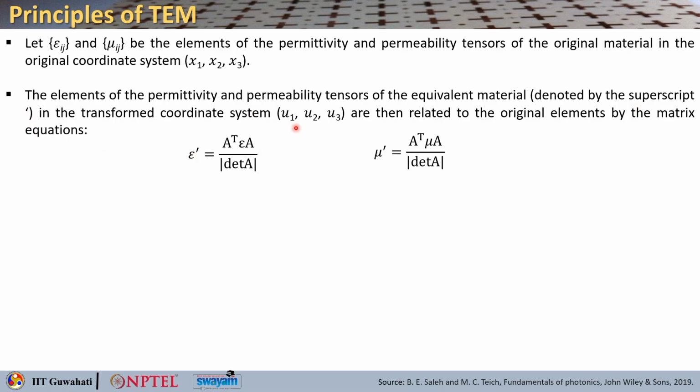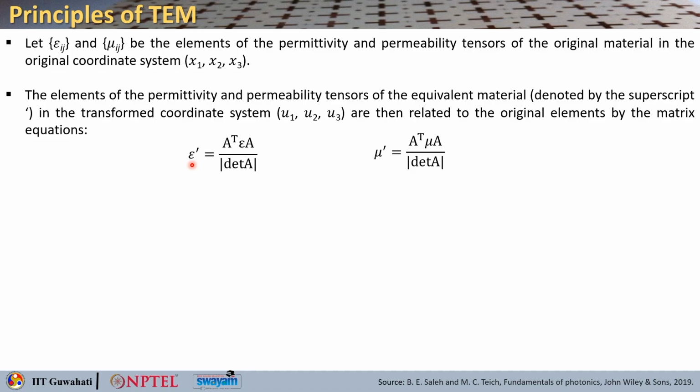So, you can consider the coordinate system to have the 3 axes u1, u2 and u3. The unit vectors will obviously be u1 cap, u2 cap and u3 cap. In this particular coordinate system, you can correlate the new permittivity and permeability parameters to the old system using this formula.